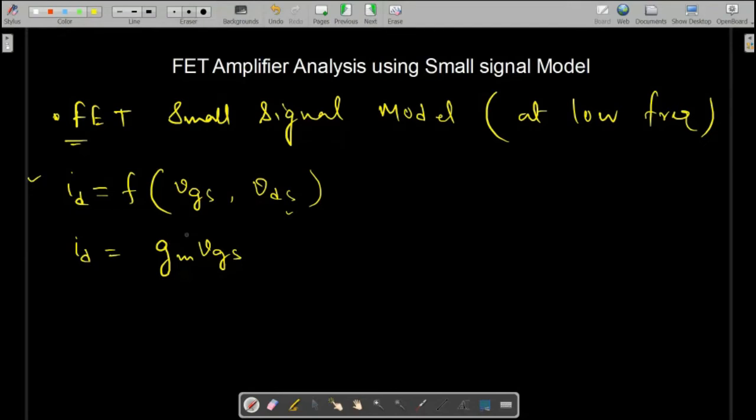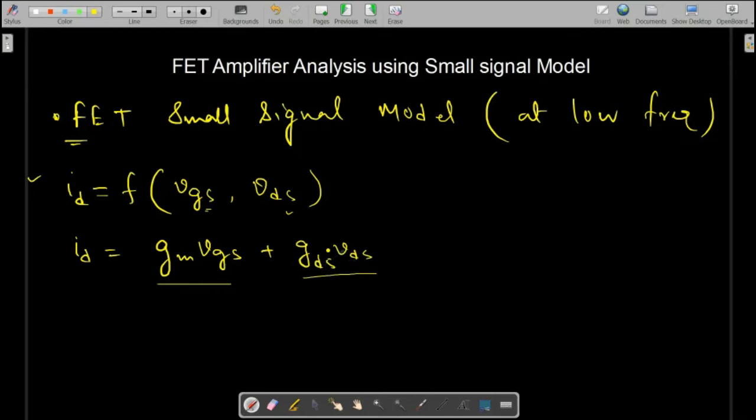So ID equals gm VGS plus the dependency on VDS, that is basically gds into VDS. So how ID depends upon VGS is represented by this factor gm into VGS, and how ID depends upon the output side voltage VDS depends upon gds.